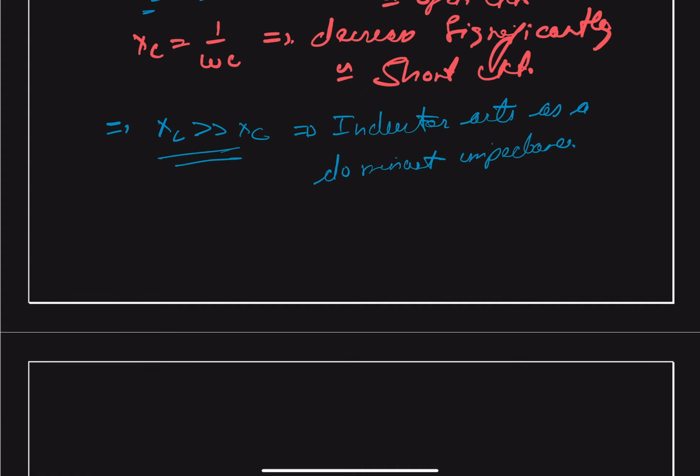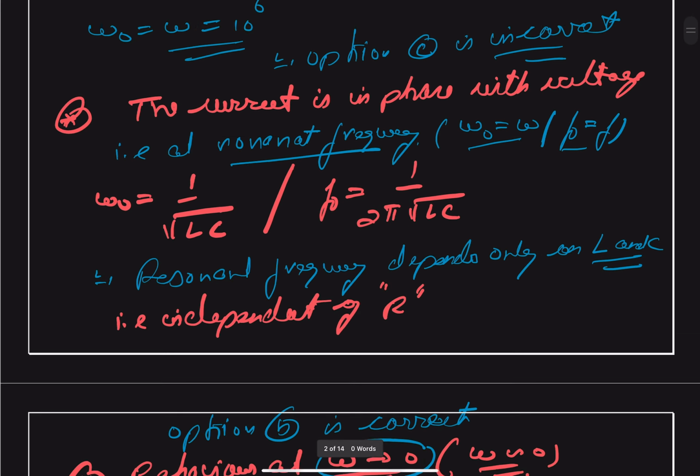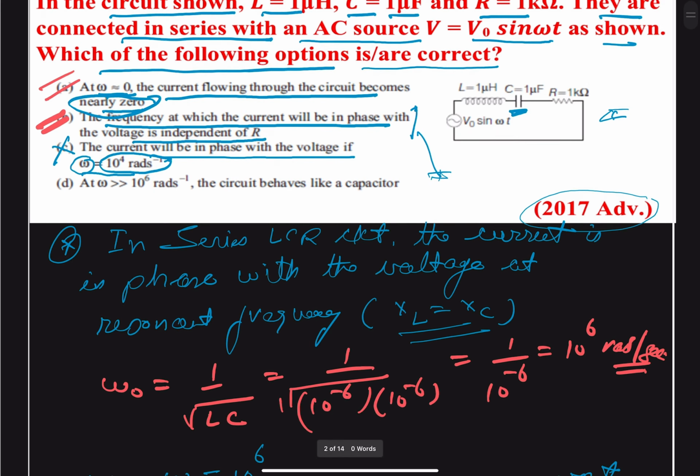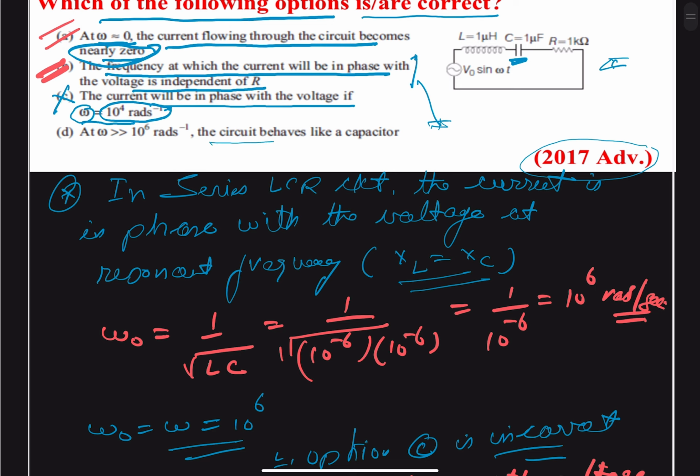Thus, in the option, it is mentioned that the circuit behaves like a capacitor, which is not true, because the frequency is larger, so the circuit behaves as an inductor. So this option is also incorrect.